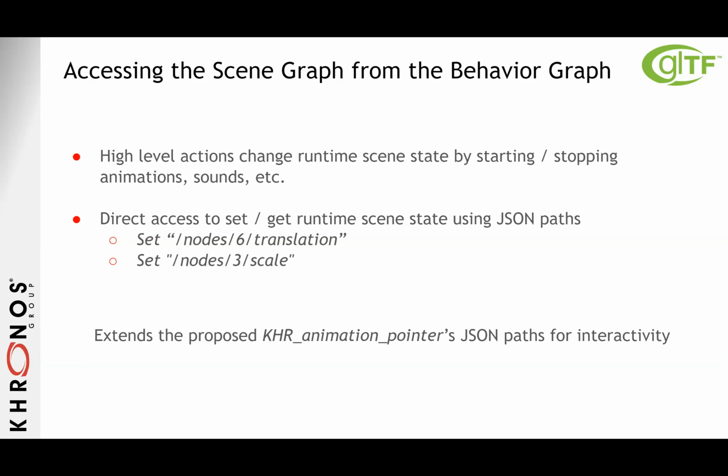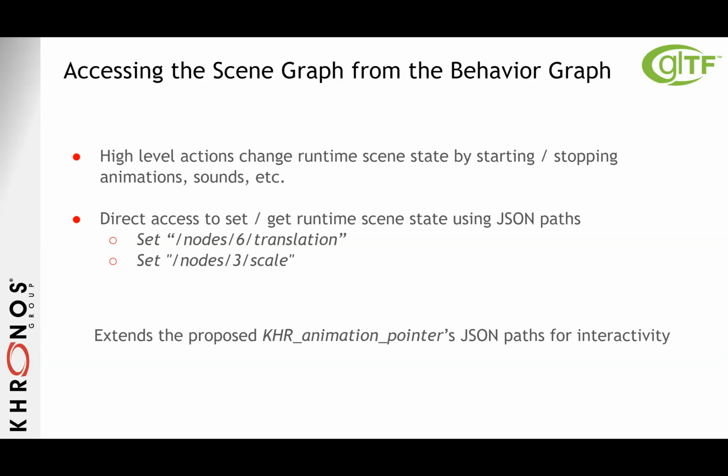But when it's about really applying changes to a property of a node, and when I say node in this case, I'm not talking about the node in the graph, I'm talking about the scene node, the 3D node you see on screen. Let's say you want to modify the translation, the position, of a node. We use what we call the JSON path, which is a way of addressing individually every particular property defined in the scene graph.